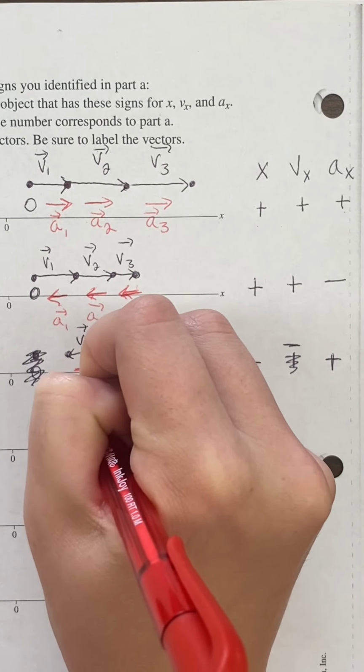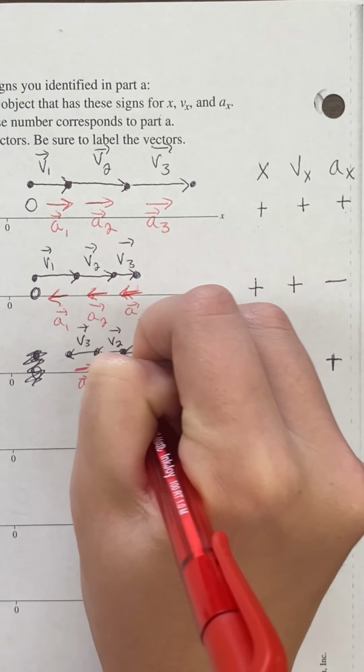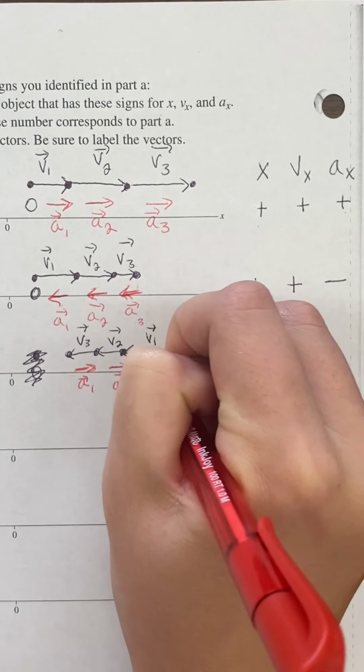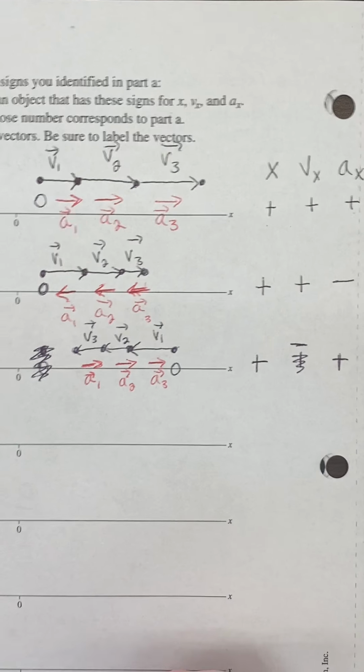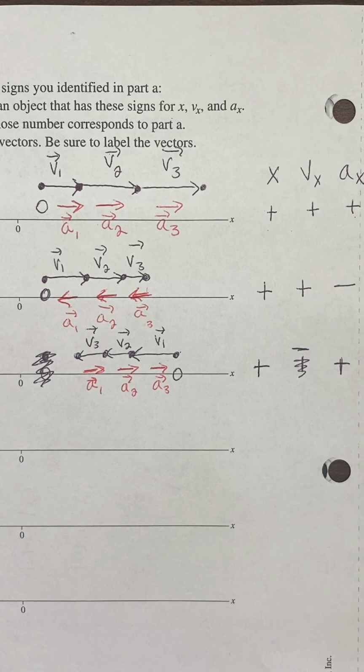So we can label those A1, A2, and A3. And that's because our object is slowing down, but if it's moving to the left, that means that if it's slowing down in the negative direction, it would be speeding up in the positive direction.